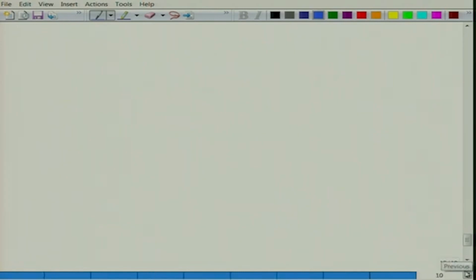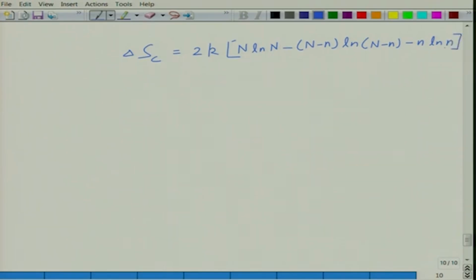If you apply this, you can do the maths yourself, delta SC is equal to 2 small k, the Boltzmann constant, times n ln n minus n minus n ln n minus small n ln n, and hence the total energy change is delta G equal to n delta Gf minus 2 kT times n ln n minus capital N minus small n ln.